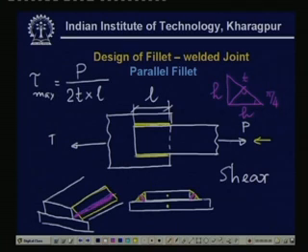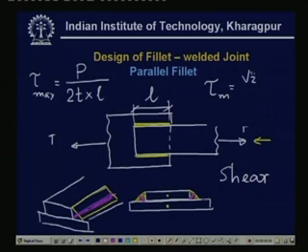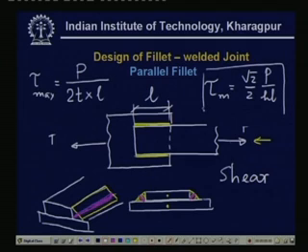Therefore, twice T L, and T from the earlier relationship, tau max is equal to root 2 by 2 P by H L. Now, this is the formula which we use for designing the parallel fillet in the fillet welded joint.